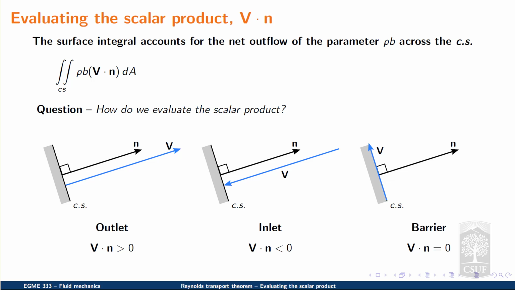We often see this around solid boundaries where the flow is traveling parallel to a solid boundary versus traversing or crossing that boundary. However, mathematically, in this situation, v dot n is equal to 0, and this portion of the control surface does not contribute to the evaluation of the control surface integral.